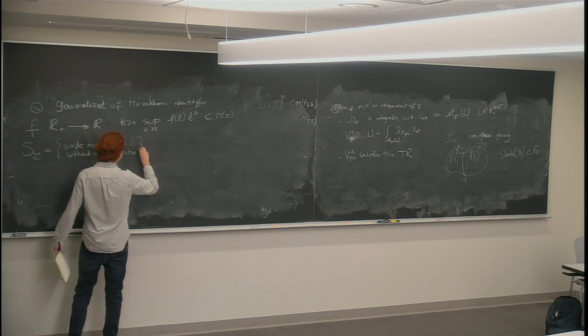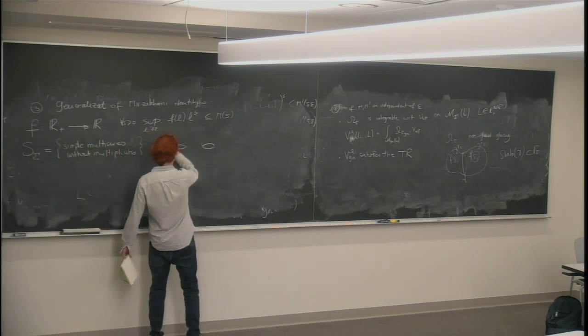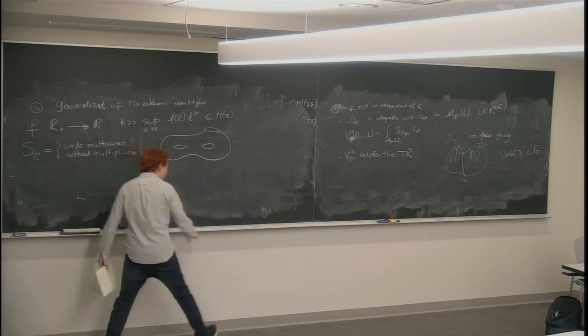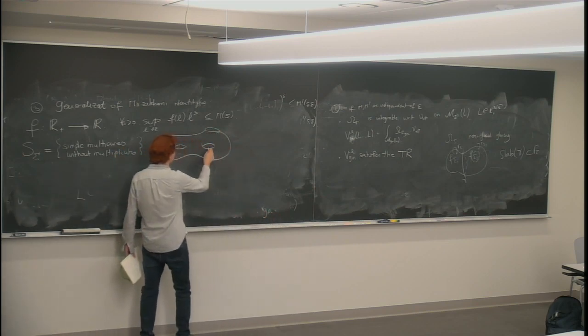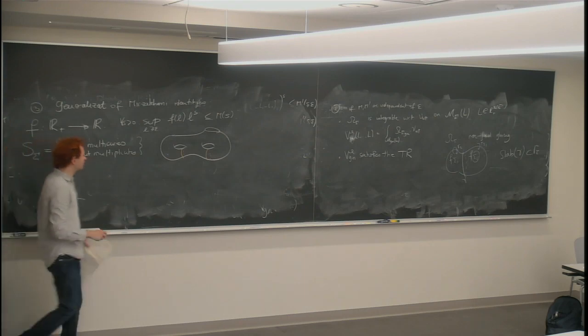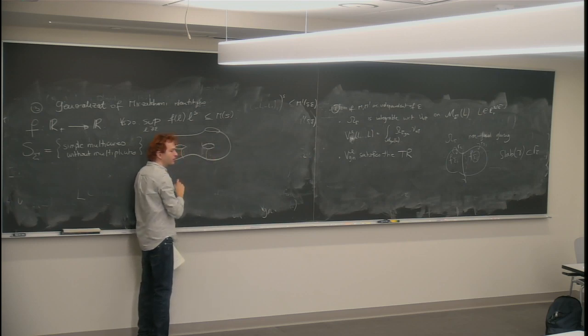So it's a long way to say that you have a surface with boundaries, and you will consider the collection of simple closed curves, several of them, but I don't want any of them to be homotopic to one another, nor homotopic to the boundary.